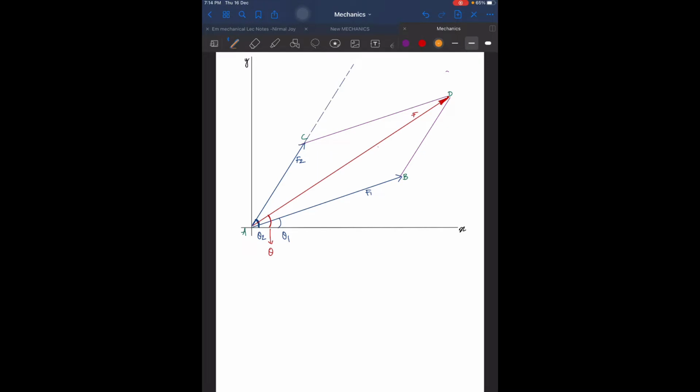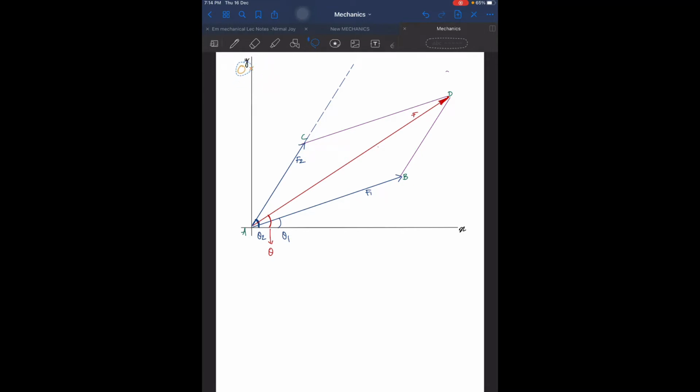Okay, now over here I'm going to mark a point, and I'm going to mark it as O. Now this O will be our moment center, and we will be taking moment of F1, F2 and F about this moment center.